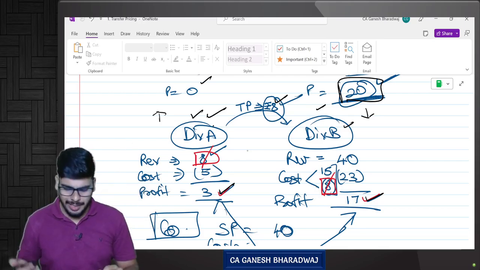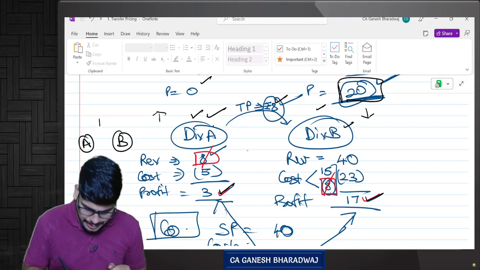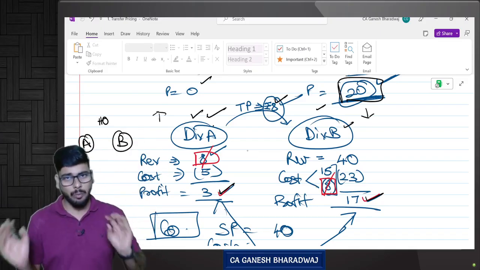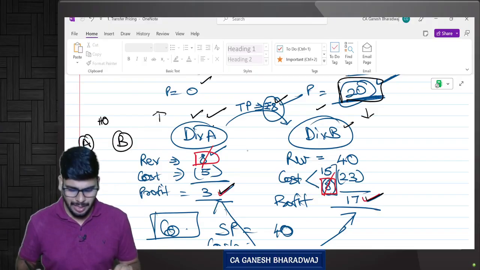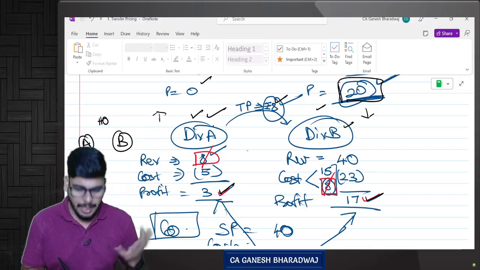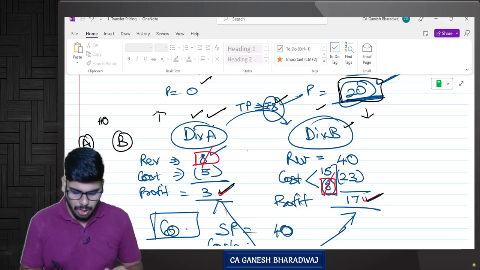Now you can think, sir, what is this? You are saying division A is there, division B is there, and on the top there is a head office, the corporate office. They take care of the entire company, both the divisions come under this company only, no? Correct. Now, let us say division A says, I want a transfer price of 15 rupees. Division B says, no, I want a transfer price of only 8 rupees.